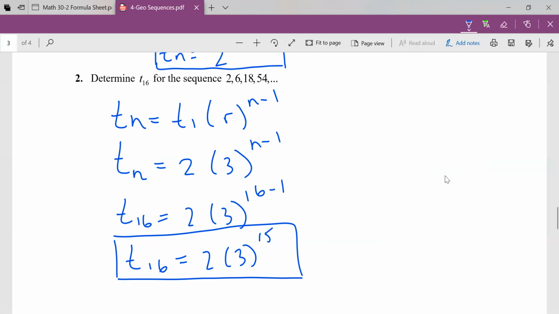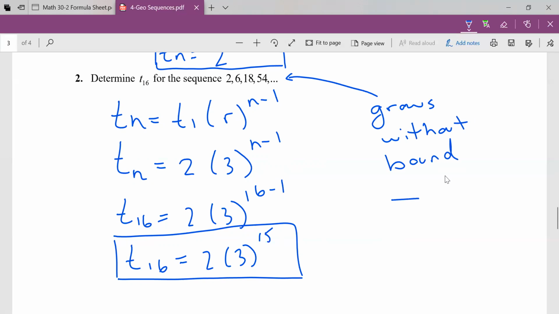What I'm going to say here is, if you think about it, each number is going to get bigger and bigger and bigger. I'm going to say that this grows without bound, meaning it's going to keep getting larger and larger, that this sequence is growing towards positive infinity.